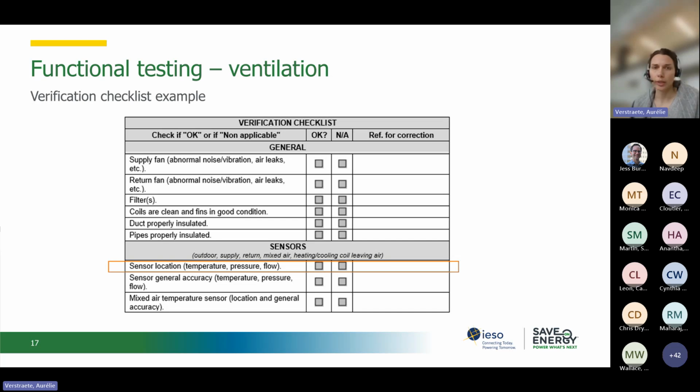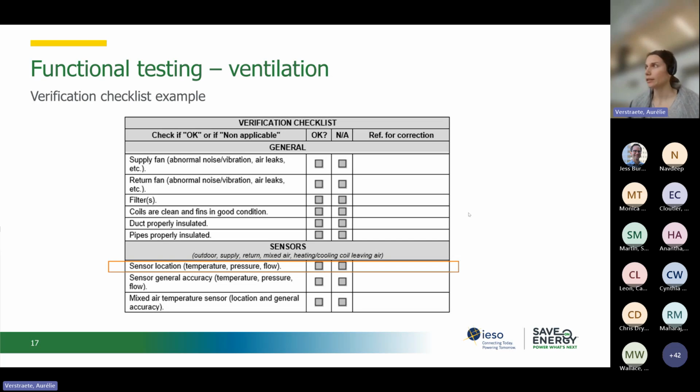Is it in accordance with control diagrams or building automation system graphics? With the example of coils, testing may also include measurement of the differential pressure drop across heating and cooling coils, just to evaluate if coils are clean or dirty.